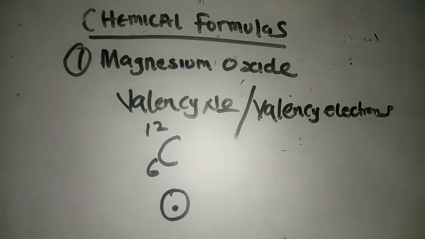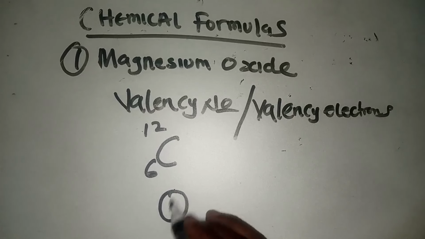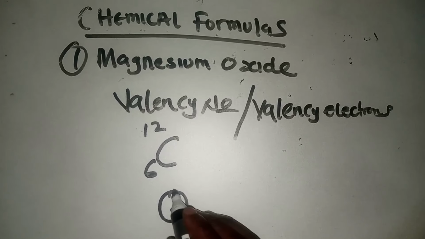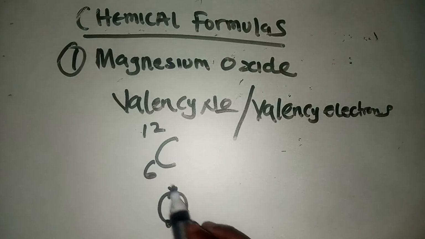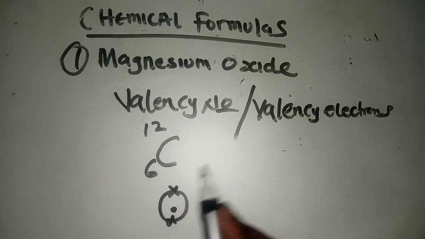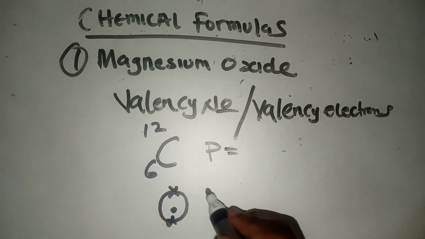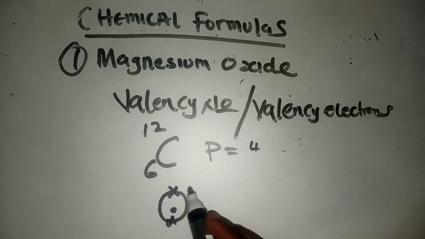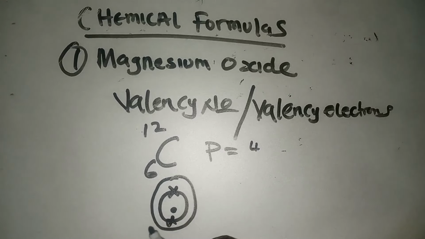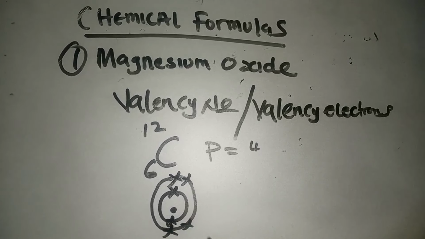The first shell, or energy level, will always have 2 electrons. Carbon has 6 electrons because its atomic number is 6. You have used 2 here, so you are remaining with 4. Your next shell will consist of the remaining electrons, which are 4.